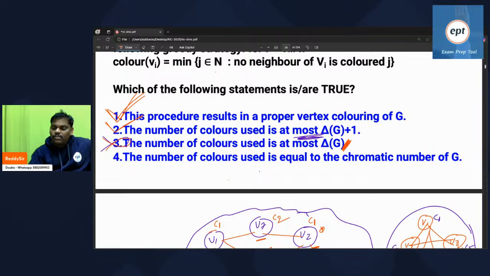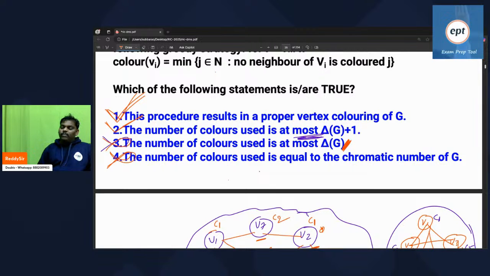The number of colors used is equal to the chromatic number of G. I cannot give a guarantee, because there is no algorithm to find out exactly how many colors are required. Sometimes you may get more.